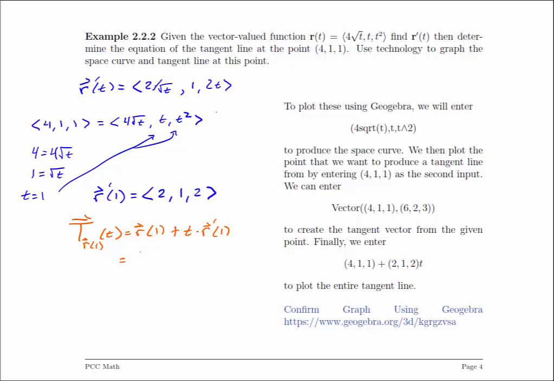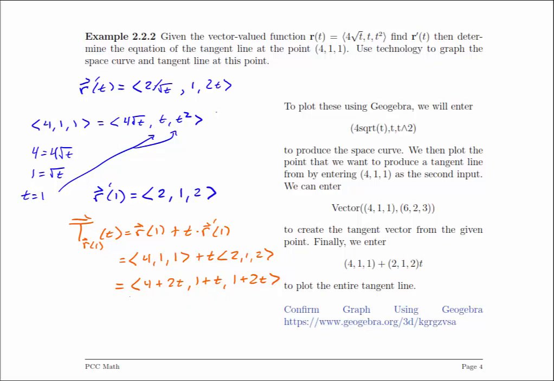And so we get r of 1 is, if I plug in 1 here, I get 4, 1, 1, plus t times 2, 1, 2, equals 4 plus 2t, 1 plus t, and 1 plus 2t.